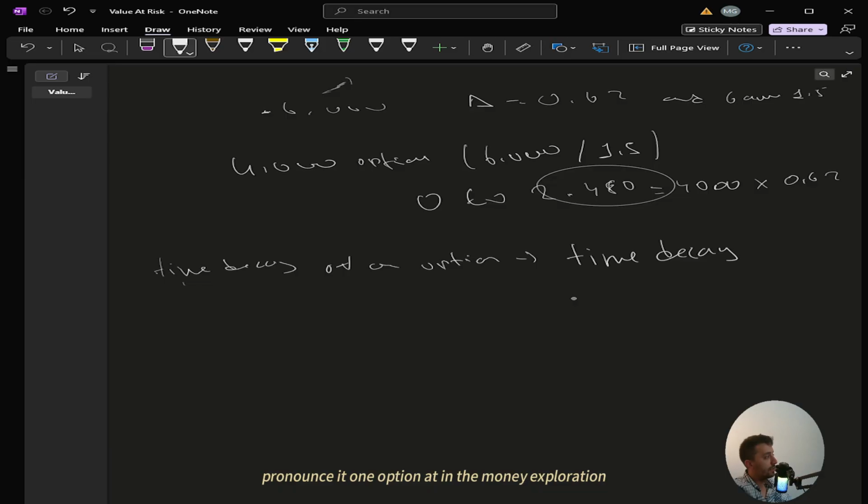It is most pronounced when the option is at the money, especially near expiration time.